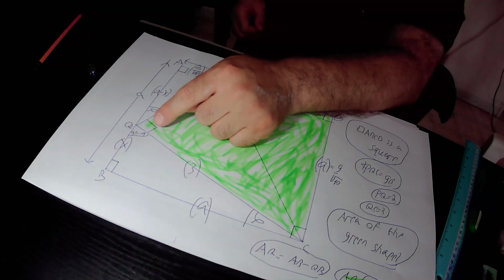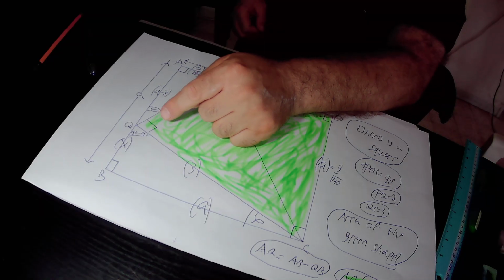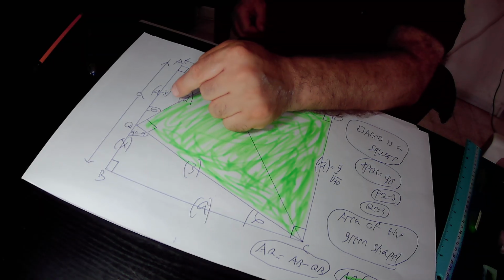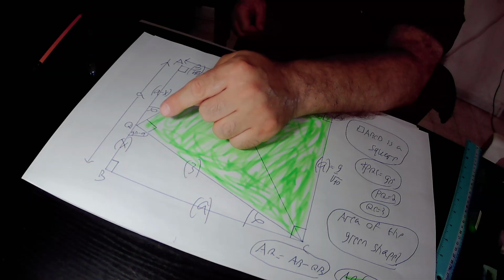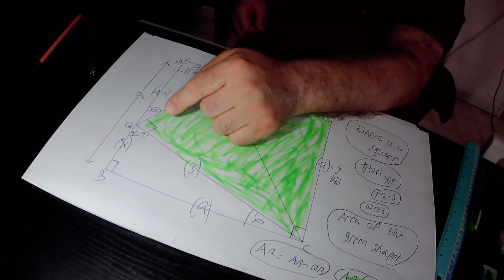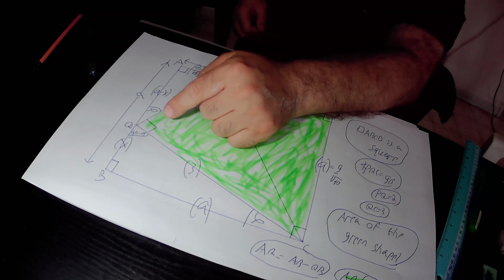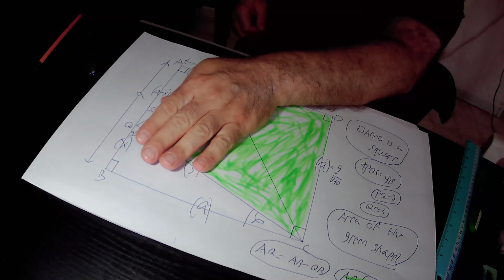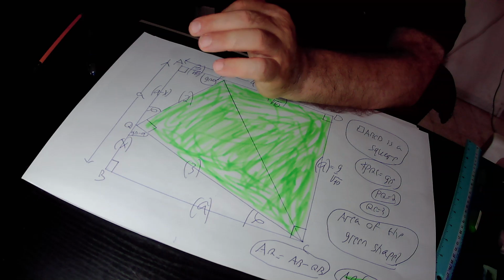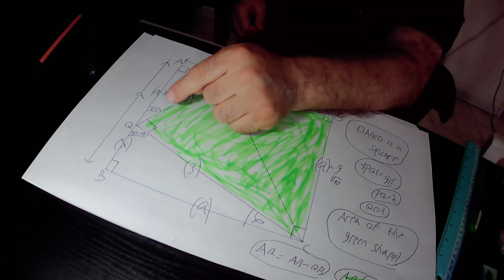We have this angle that is 90 degrees minus alpha, this angle is 90 degrees, and therefore this further angle must be equal to alpha, because alpha plus 90 degrees plus 90 degrees minus alpha is equal to 180 degrees. That is the sum of the angles on this side of the straight line AB at point Q according to rule 3. So this missing angle must be equal to alpha.